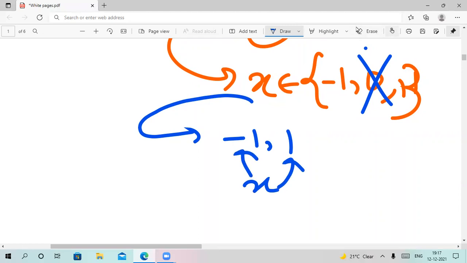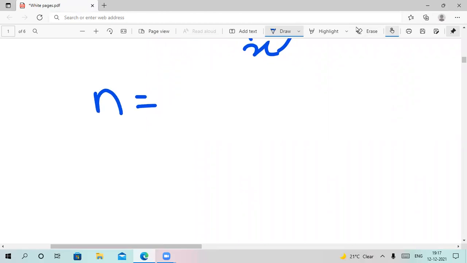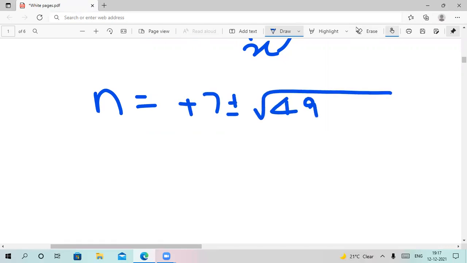So just putting them in and evaluating the total possible values of n, as we know n had the expression, let me write this again, -7 plus minus the square root of 49 minus 28x squared minus 12x divided by 2x.